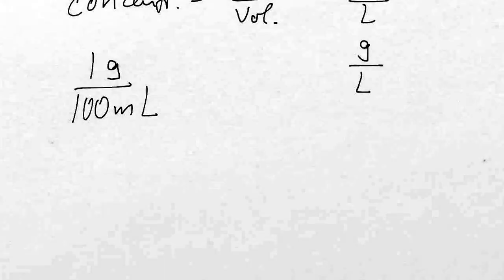How about the following? What about 1 gram per 100 milliliter? Would that be a concentration? So I have no reason not to trust you, so it is a legal concentration.